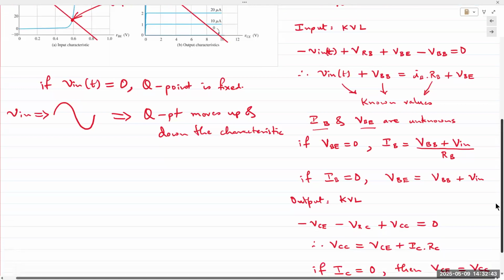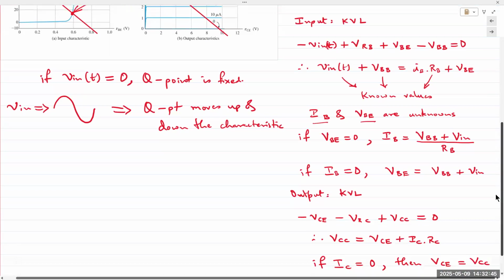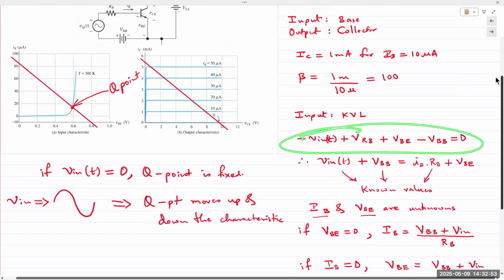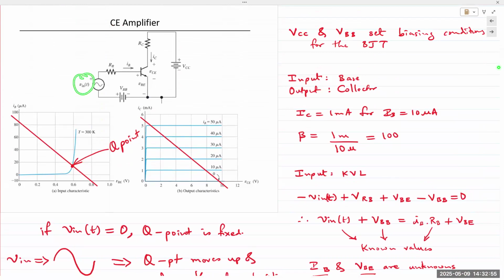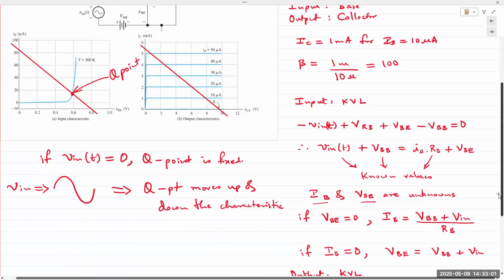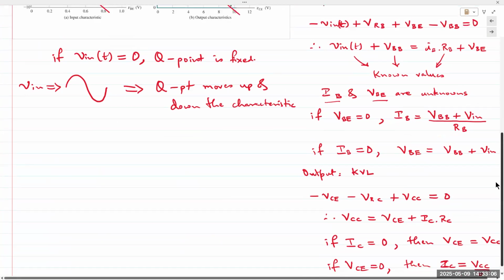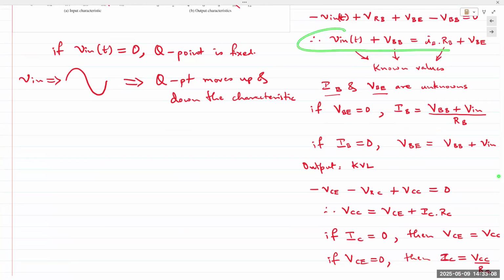Okay, so you apply input, we apply KVL at the input and the output. We obtain our expression: Vin, VBB, VRB, and VBE, 4 voltages. And we obtain an expression for IB and VBE, right here.